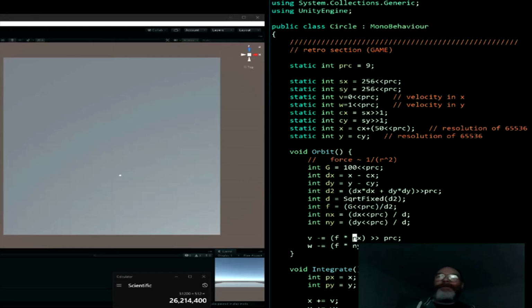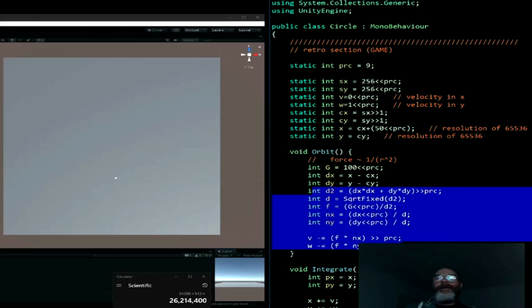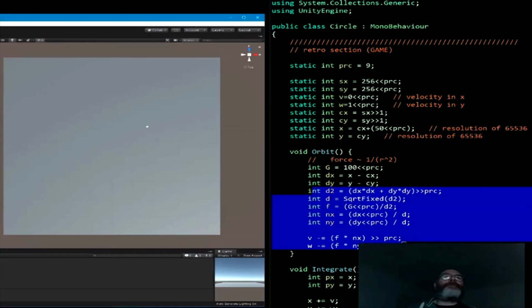That's then divided by this distance. But then I have to multiply it by nx again. And you can see here, what you would do in practice to get around this problem is that all this is broken down like this. It doesn't work because I'm getting a number over range. So what you do is you would collapse this down into a single expression that would be constructed in such a way as to make sure you didn't get an overrange in the middle.